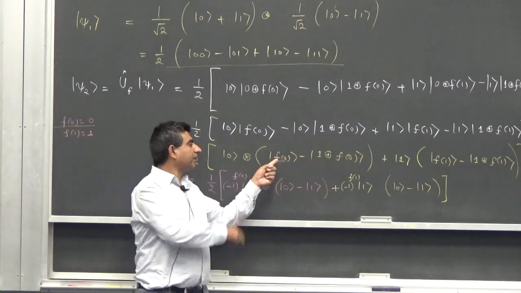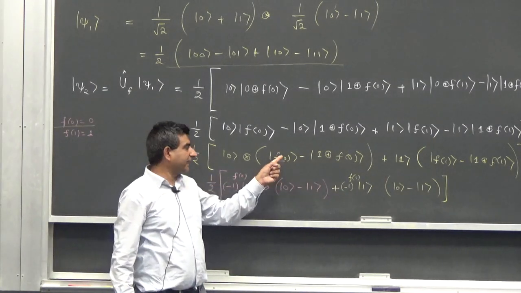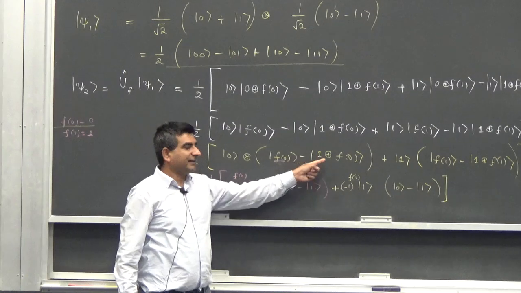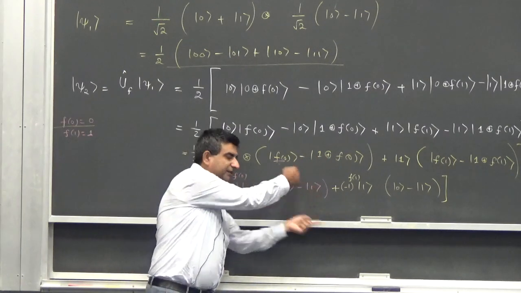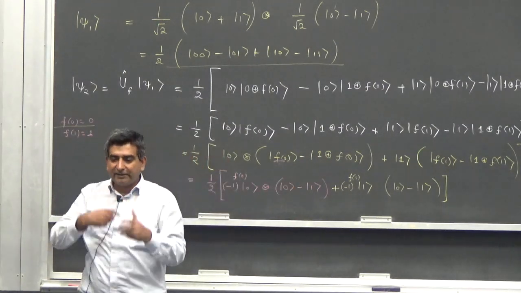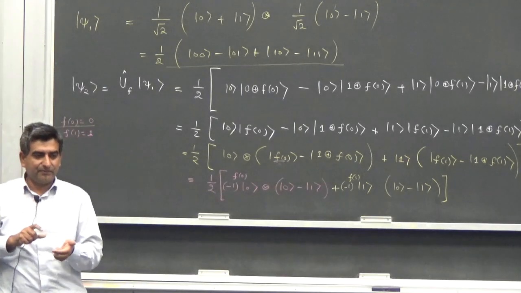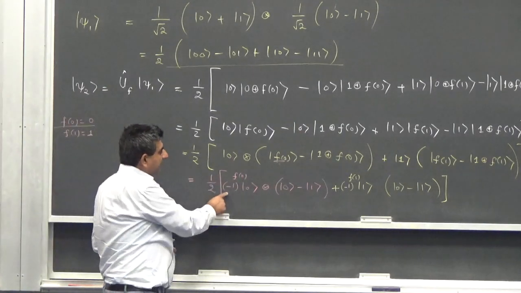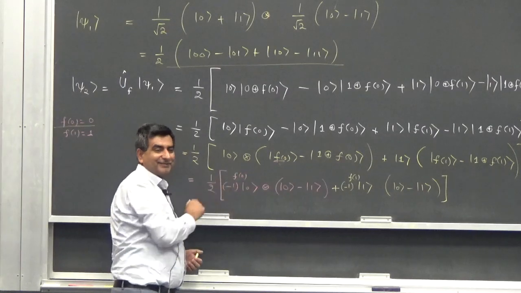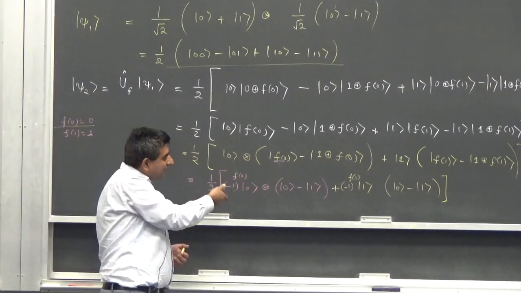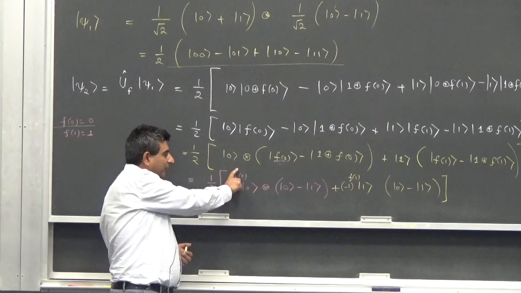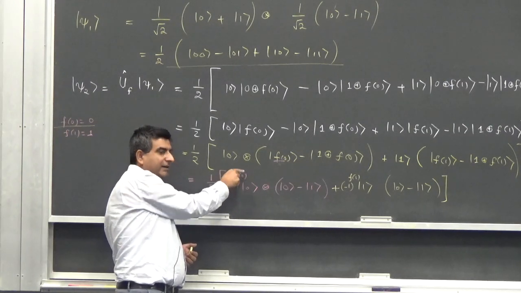If this were 1, then this would be |1⟩ minus |0⟩, which is just the inverse of this. Now how do I take into account this inversion? I just put in a minus sign where needed. That minus sign where needed is incorporated by this (-1) raised to the power f(0).